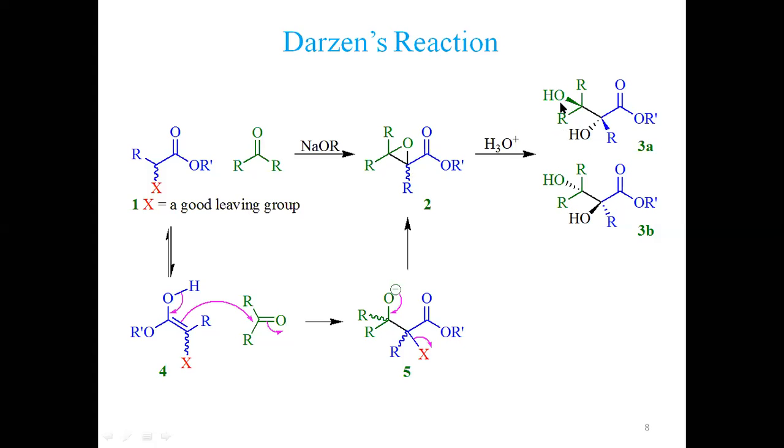These two hydroxyls may be opposite like this, or opposite like that. Both hydroxyls above the plane or both behind the plane are not possible. This is the reason for the two entities, structures 3A and 3B, being formed.